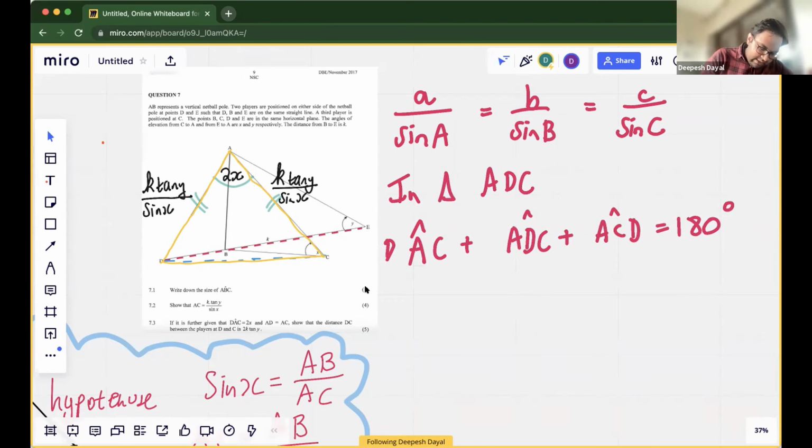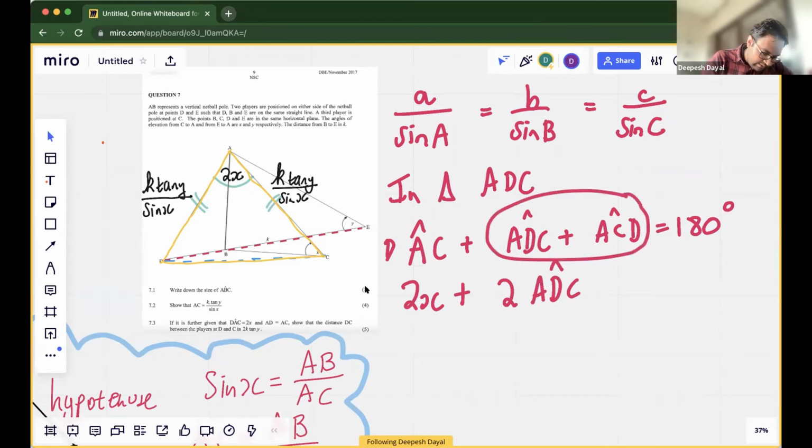And we're going to say DAC, which is 2x, plus 2 ADC. Because remember, ADC and ACD are equal to each other. Because the sides are equal, this equals this, right?